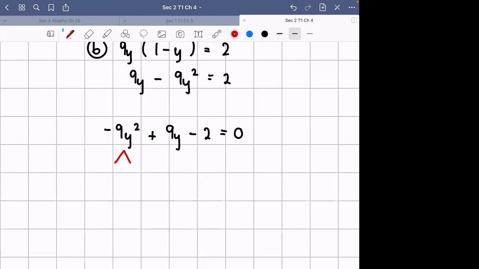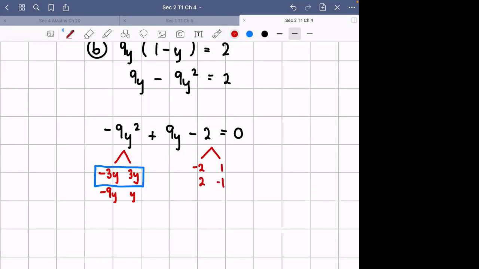So we got negative 3y and 3y. Or maybe negative 9y and y. But I think the correct factors are this. And then for negative 2, what are the factors of negative 2? It's basically 1 and 2. Negative 2 and 1 or 2 and negative 1.